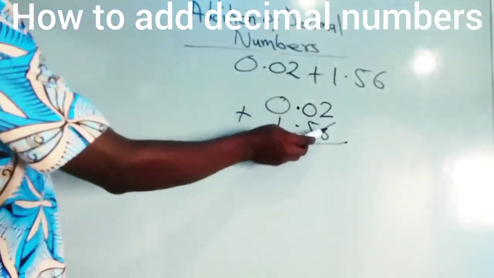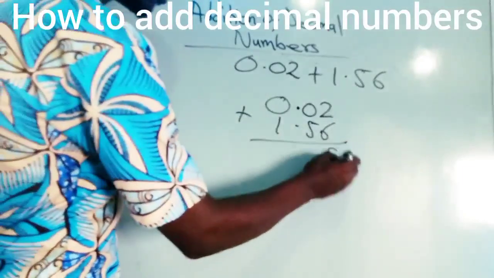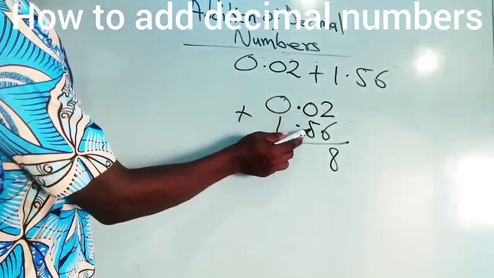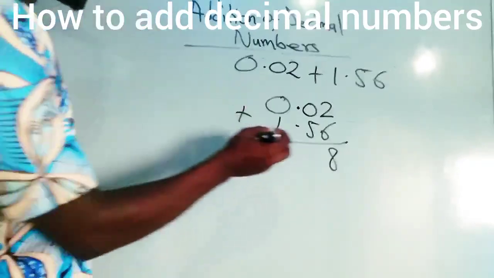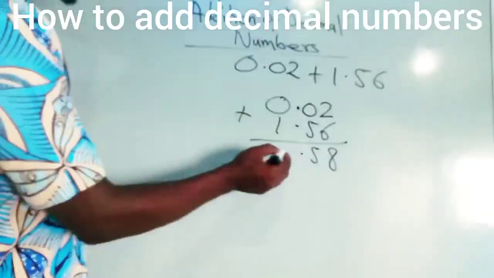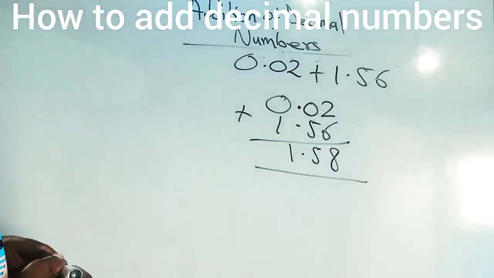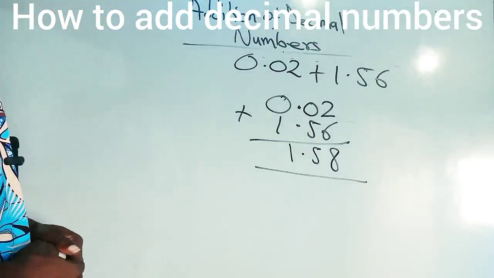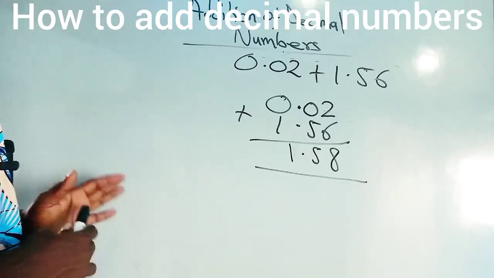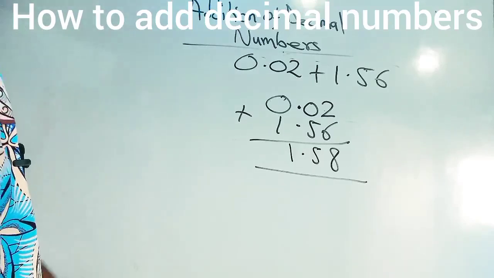You add the 2 to the 6 and it will give you 8. You have your 8 here. Then you also add your 0 to the 5, which will give you 5. You bring your decimal point. 0 plus 1 is 1. Therefore, 0.02 plus 1.56 is equal to 1.58. I believe you are following now.